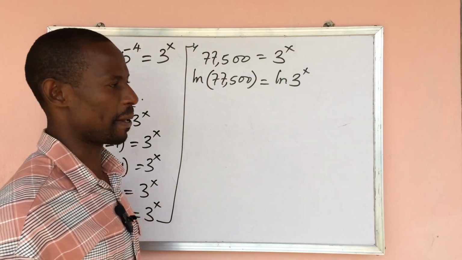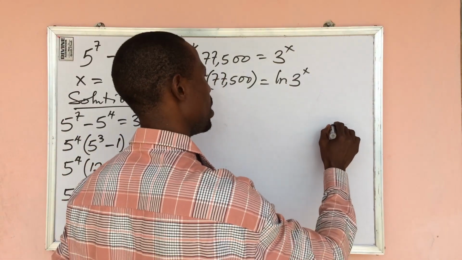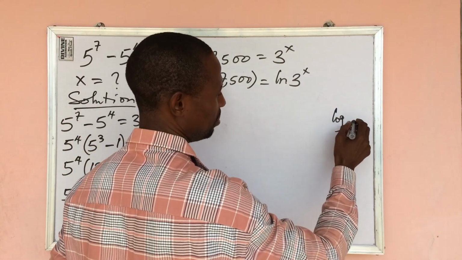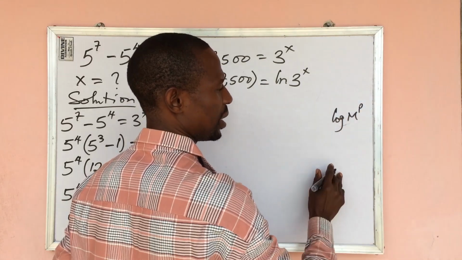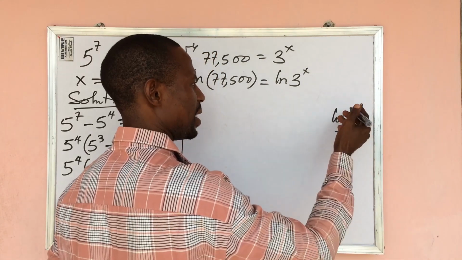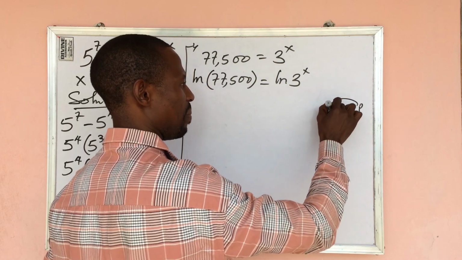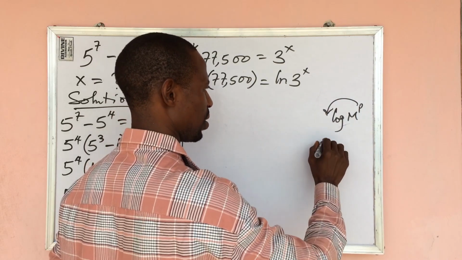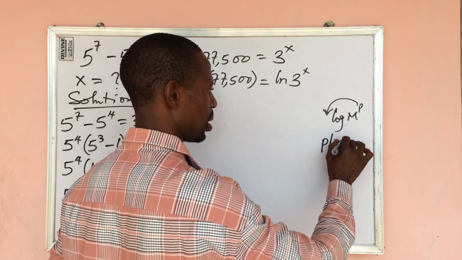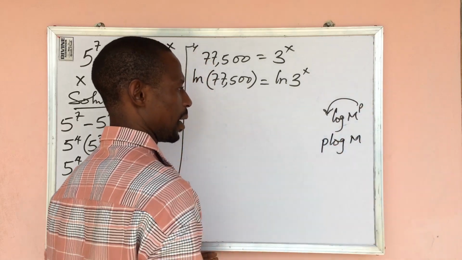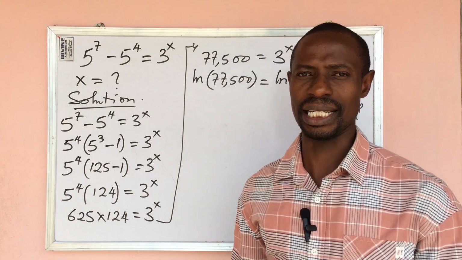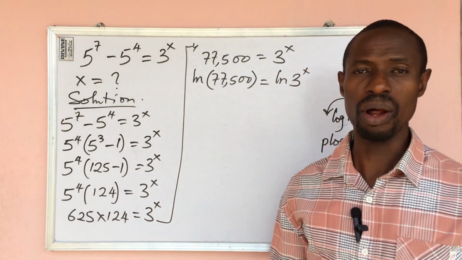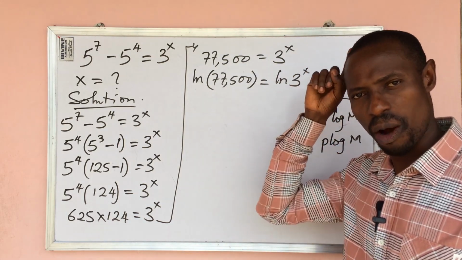According to the law of logarithm, if you have log of m to the power of p, then move this power to the front, and this gives us p log m. As a matter of fact, I produced a video on the 9 major basic laws of logarithm, and it's showing up here.